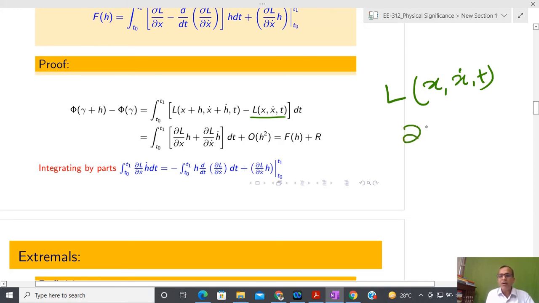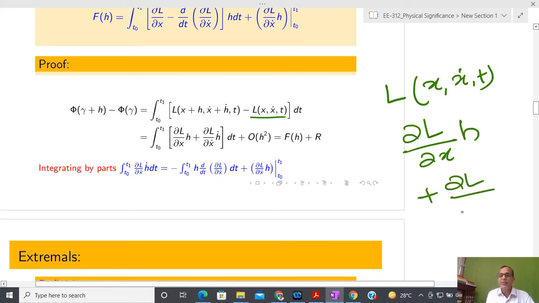That is the variation of L or differential of L, the partial derivative of L with respect to x. Because here I have two terms, x and x dot. One time I am going to see what the effect is if I vary x and x dot is constant. At this time, if you see the variation of x, then I have x plus h minus x, and due to that reason h comes into the picture.